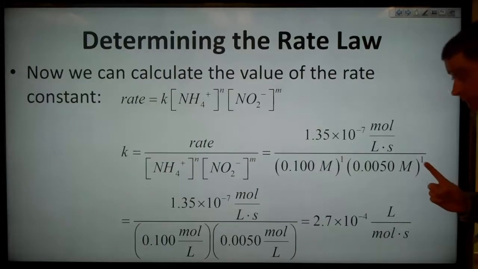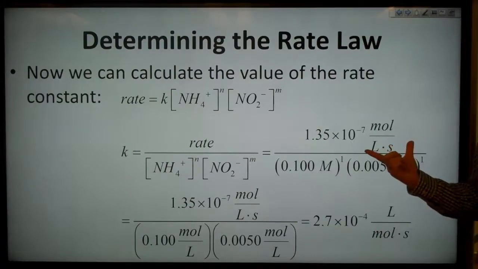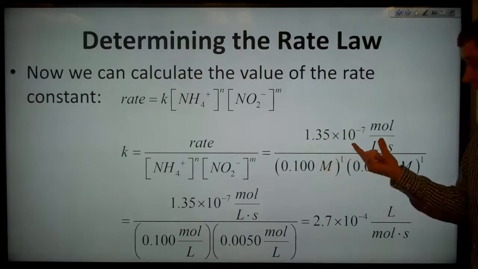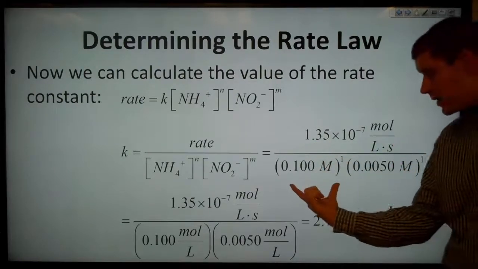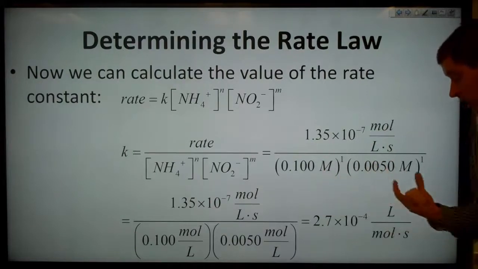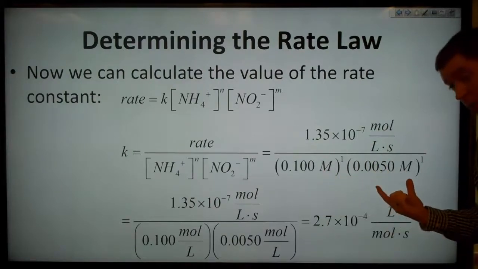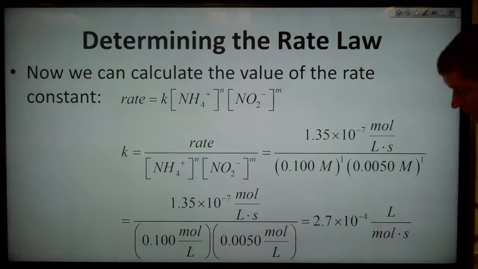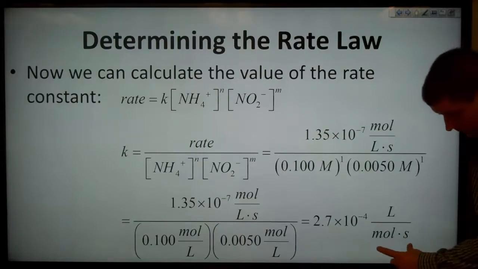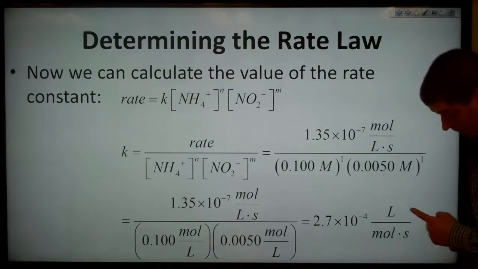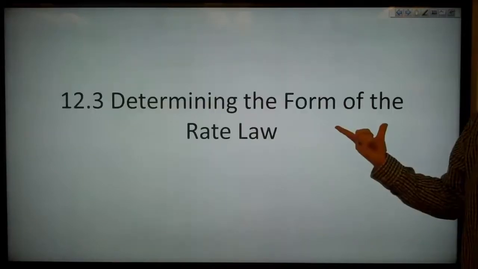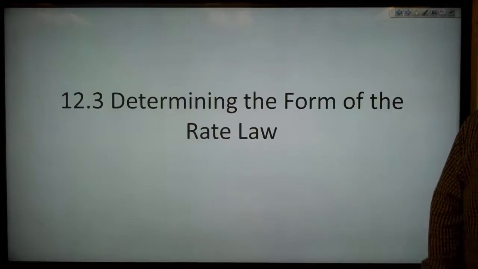We know that m is 1. Here I've picked the values for trial 1. The rate for trial 1 is 1.35 times 10 to the minus 7 molar per second. And the concentrations are 0.100 molar and 0.0050 molar. And then when we work that out, we get a value for k of 2.7 times 10 to the minus 4. Note here that our units then become liters per mole per second. That was determining the form of the rate law.